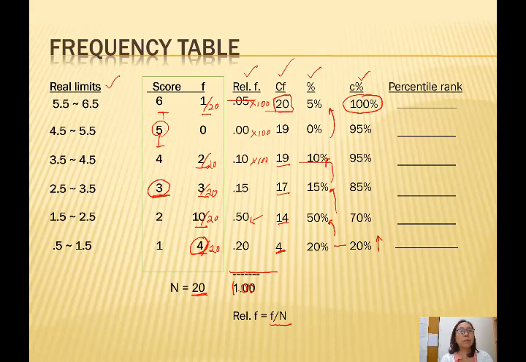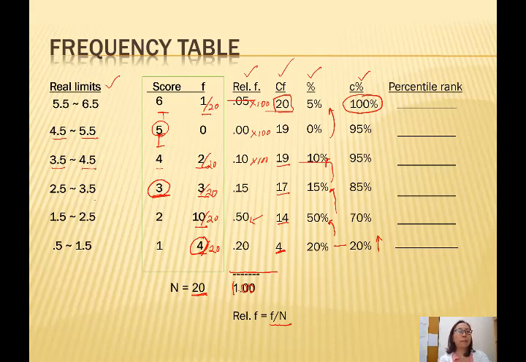So the real limits for the score 5 would be halfway down to 4.5 to halfway up to 5.5, right? So these become the real limits for the score 5. Let's do another one. The score 4, halfway down would be 3.5, right? To halfway up, which would be 4.5.